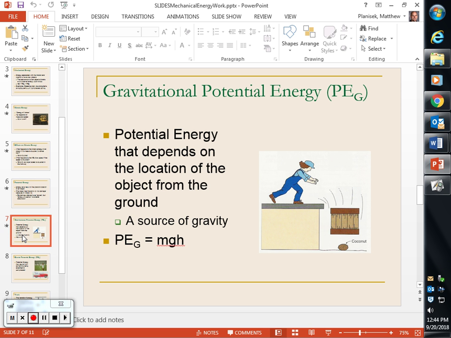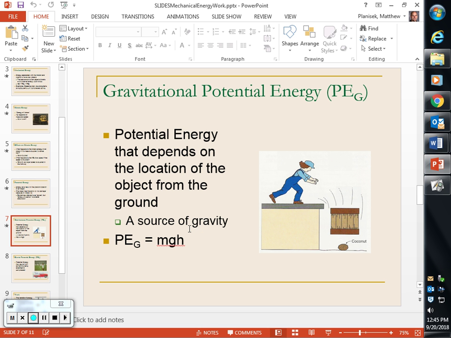Gravitational potential energy is influenced by three things: the mass of that object, the height that it is above the ground, and then this g factor, which basically summarizes the effect of gravity. Here on Earth, that value is going to be 9.81 meters per second squared. That summarizes the effect of gravity on things here on Earth. Okay? Good there.